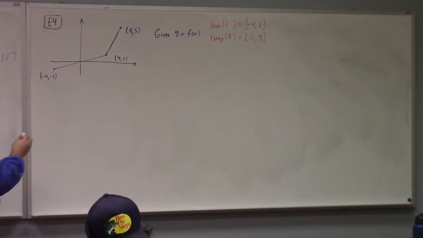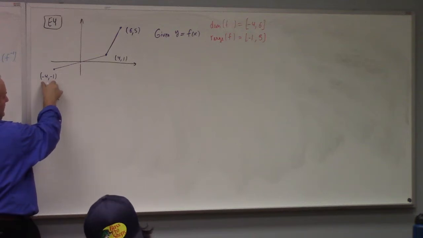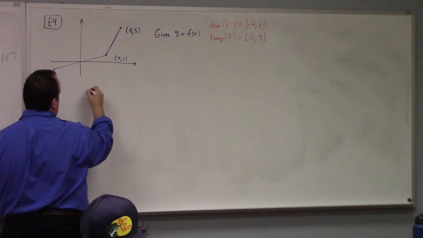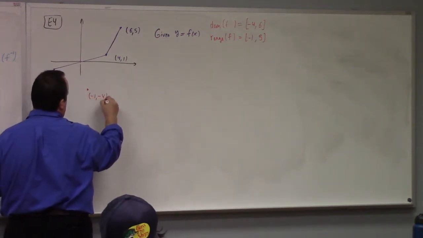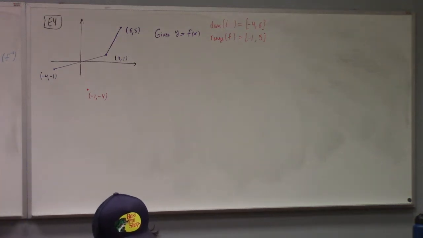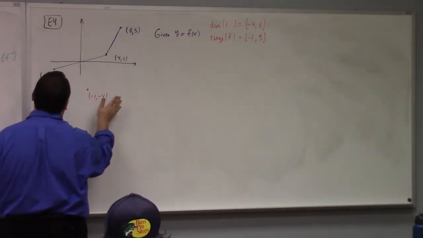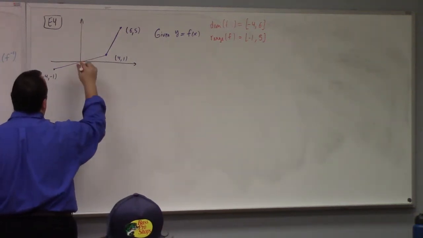So we do what? Let's start out with this point. We go (-1, -4). Excuse me, I'm an idiot. Minus 1 comma minus 4. My bad.